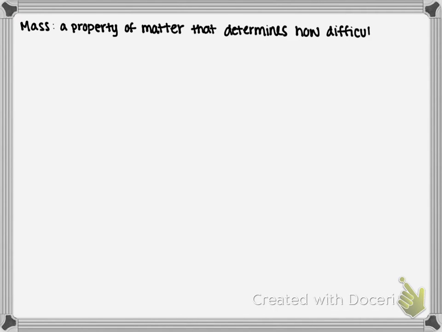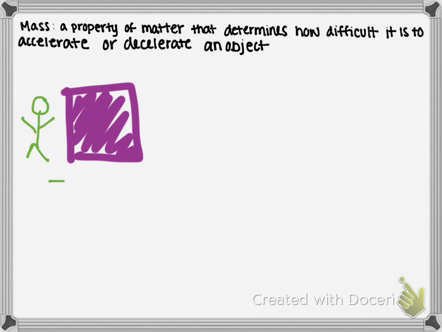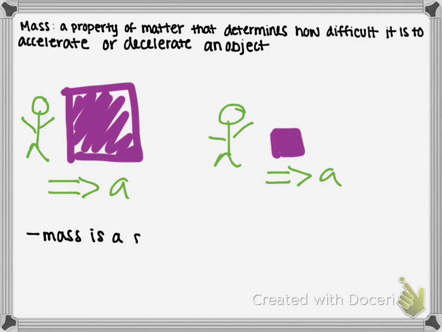So now we go on to mass. Mass is defined as a property of matter that determines how difficult it is to accelerate or decelerate an object. So if we have a large object, it's going to be harder to accelerate than a smaller object.